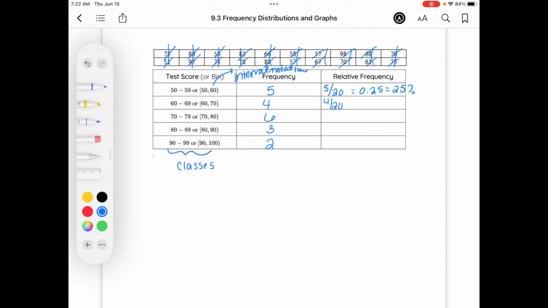We have 4 out of 20, or 20%. 6 out of 20 is 30%. 3 out of 20 we said was 15% on the last page. And then 2 out of 20, 10%.